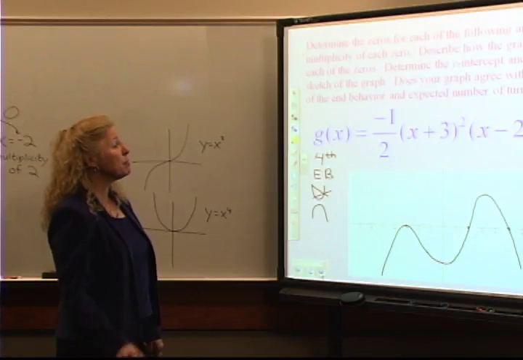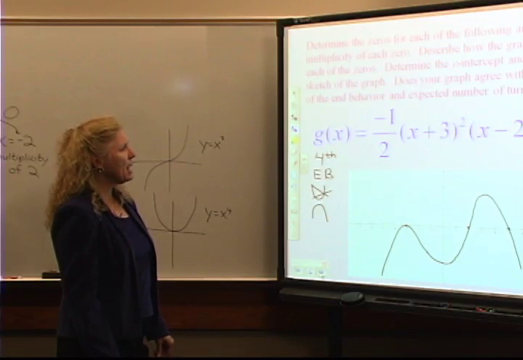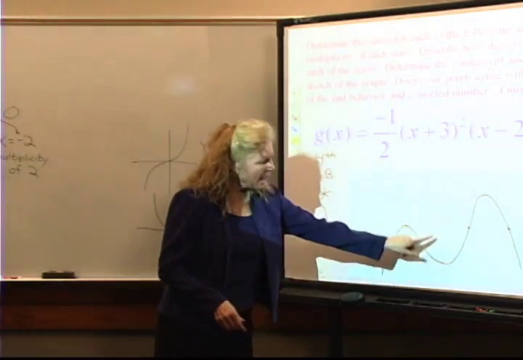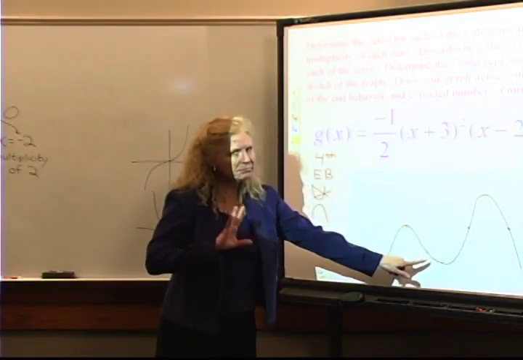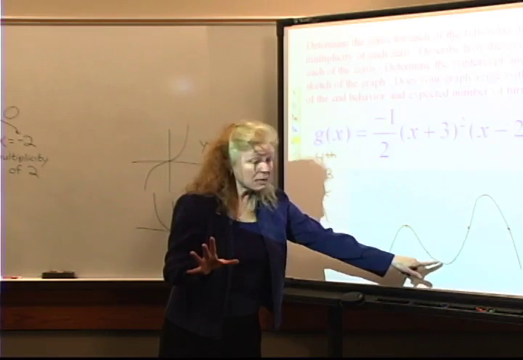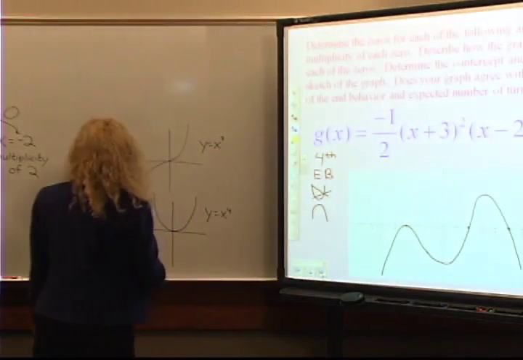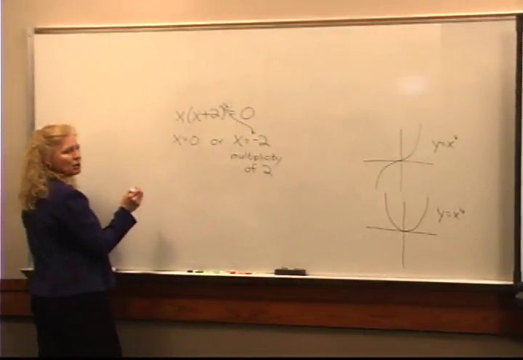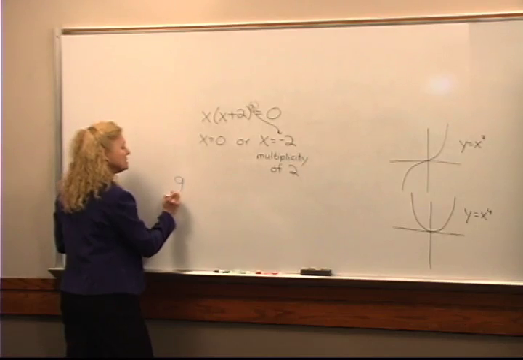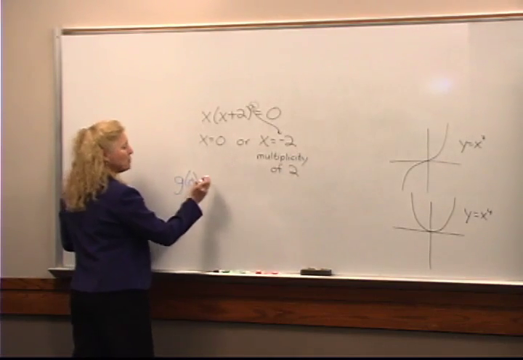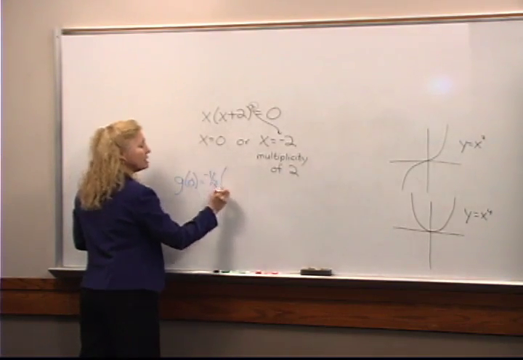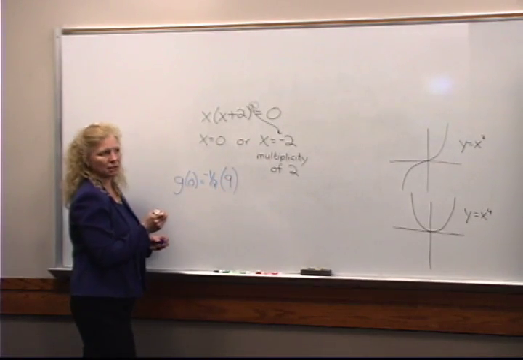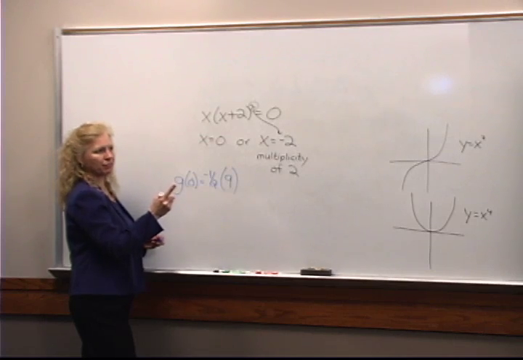Hey, one last thing that we might want to take a look at is, if it's not too bad, we'll try it. How about a y-intercept on that? The reason is, I'm willing to put money on that it's going to be a negative value. But let's just verify that. If I put a 0 in there, g of 0, I would have -1/2 times 9. You know where I got the 9? 3, then square it.